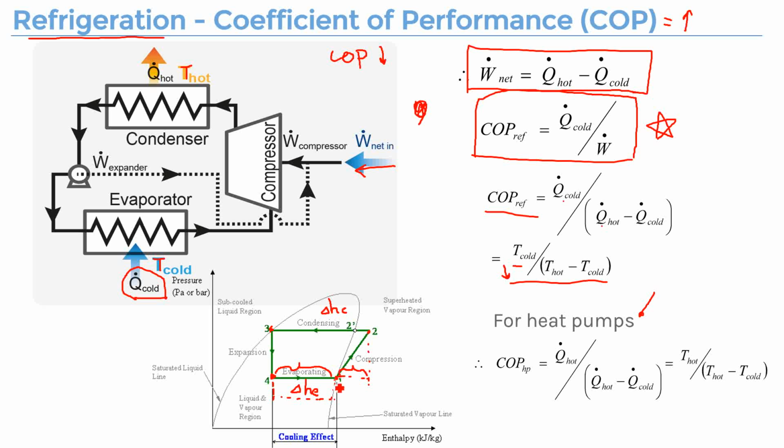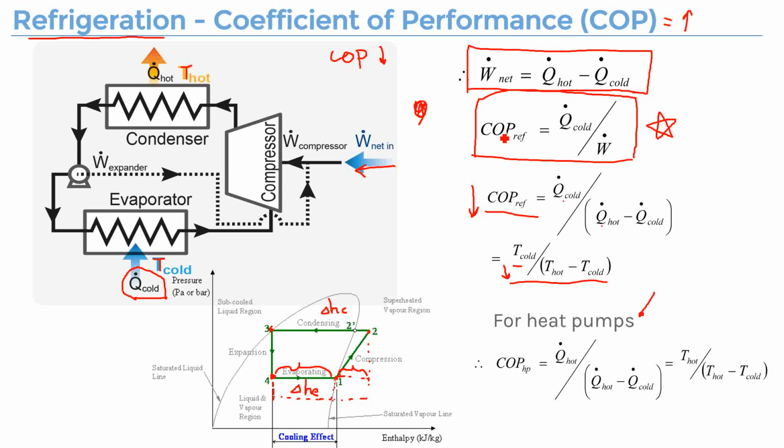But if you have a lower cold temperature, the point moves down, so this part becomes smaller and the work input is much higher. That means you want the temperature to get lower, so you need a much higher input, but it's not creating a proportionally increasing cooling capacity. So when your COP gets down, that means this product is not a good one. So we would really want to keep or design products that have better COP values.